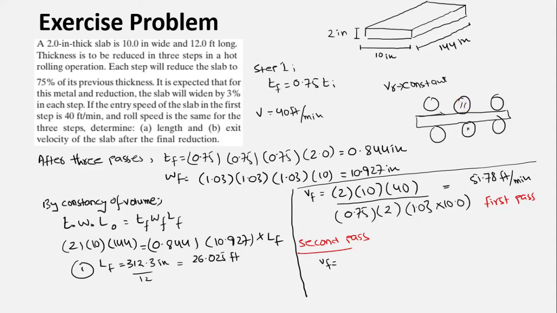So for these rolls, its final thickness would be the initial thickness of this roll. Now the final thickness of this roll would be the initial thickness for the third one. So for the second pass, the initial width and thickness would be the final width and thickness of the first pass. So we can write it as 0.75 into 2 into 1.03 into 10 inches and into the 40.